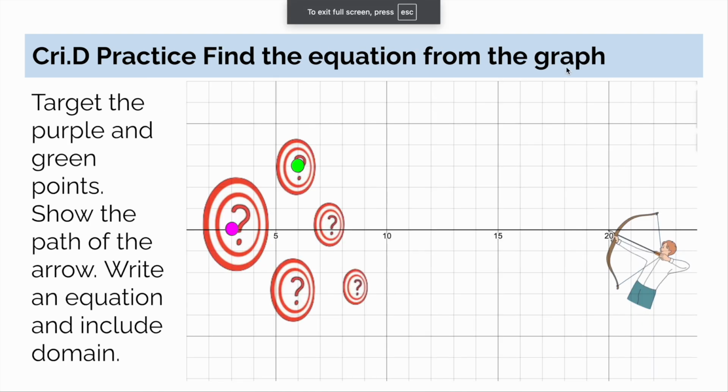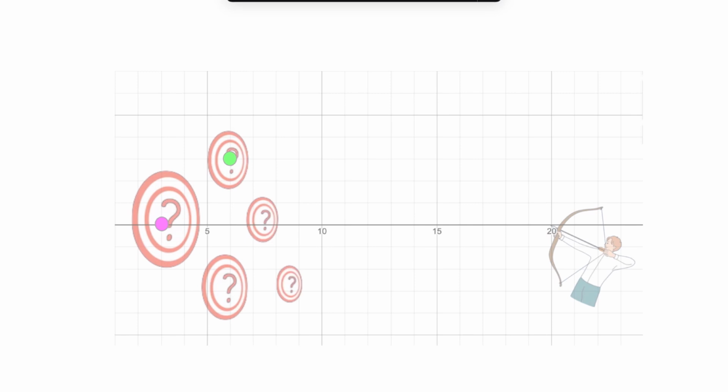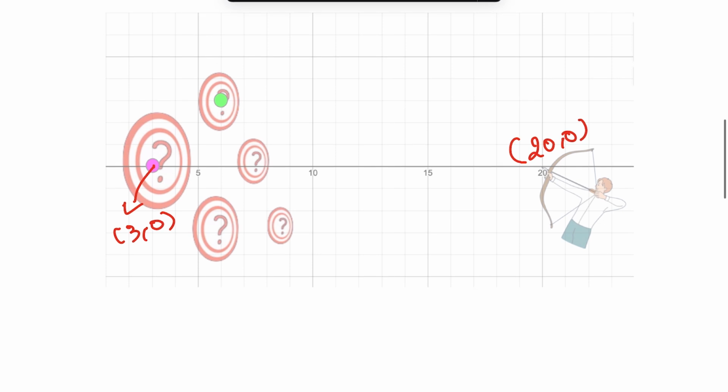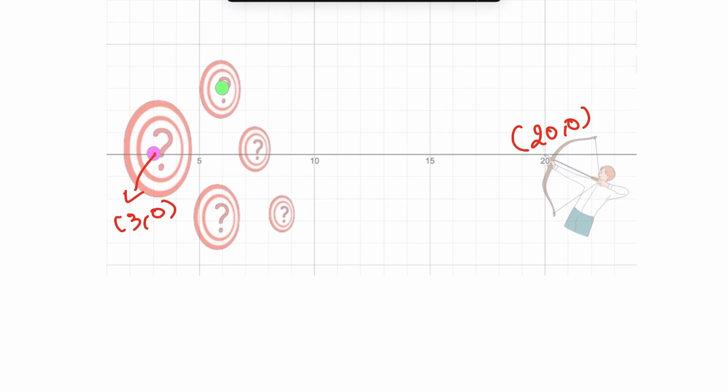In this video, we are going to target the purple dot. The starting point of the arrow is (20, 0) and the target is at (3, 0). We see that both points lie on the x-axis, or in other words, we have the two x-intercepts.